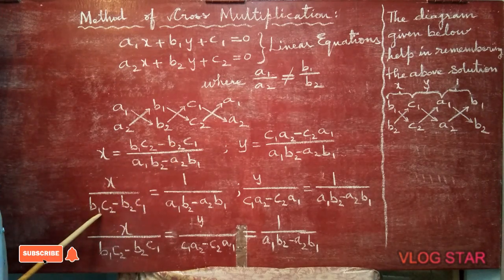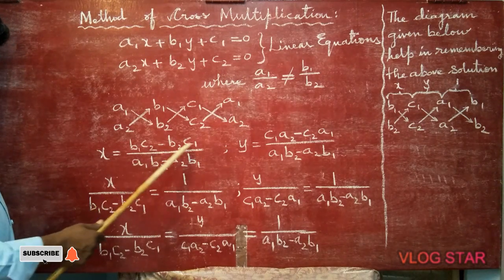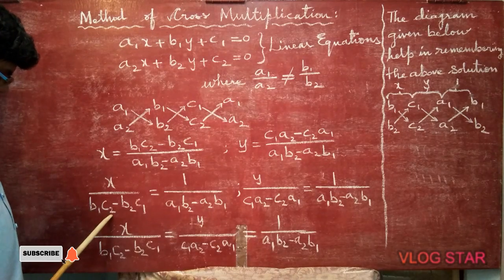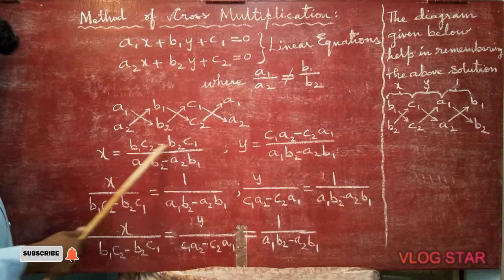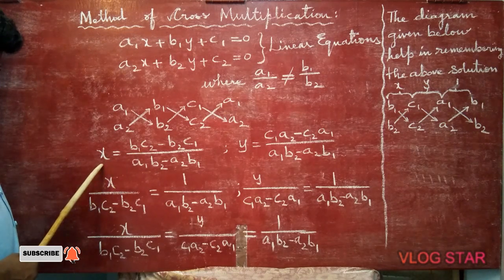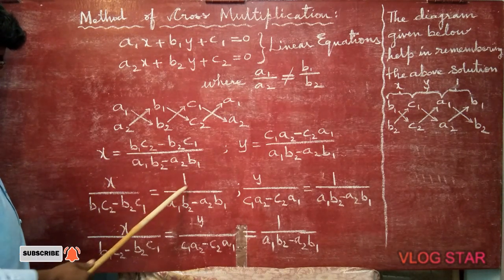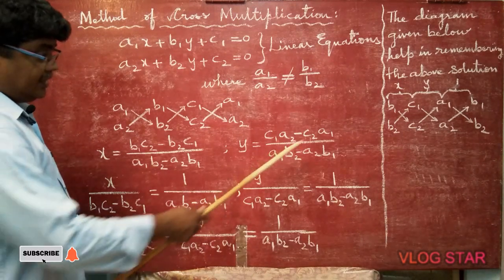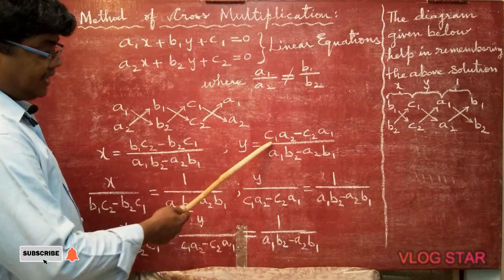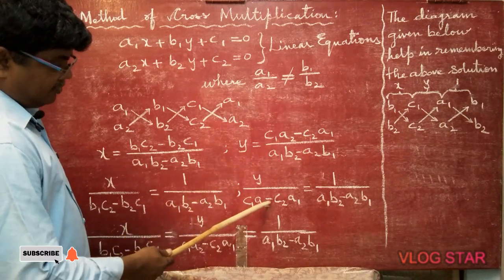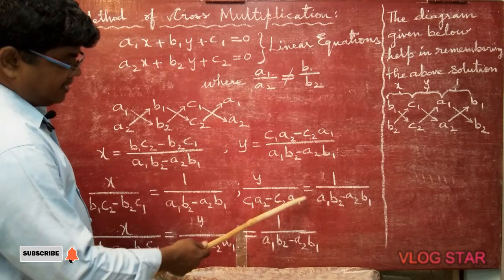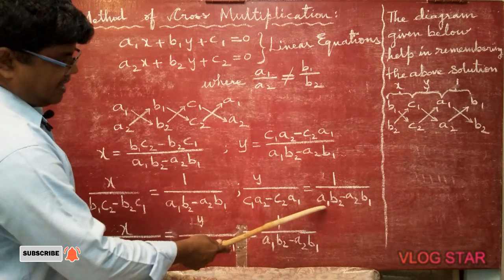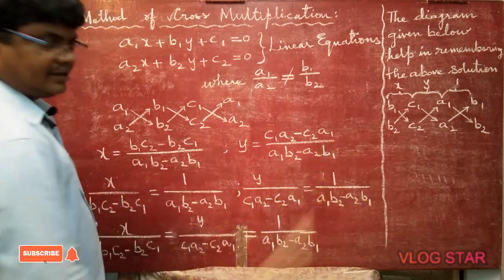Now see, I am bringing the numerator to the denominator. This numerator from the right side comes to the denominator. So x by b1 c2 minus b2 c1 is equal to 1 by a1 b2 minus a2 b1. Here also bring this numerator from right to left: y by c1 a2 minus c2 a1 is equal to 1 by a1 b2 minus a2 b1.